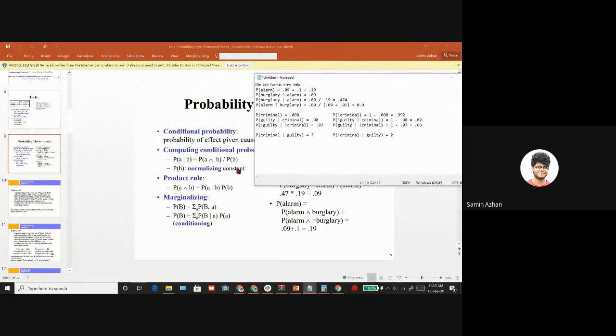Using the conditional probability rule, if criminal is A and guilty is B, the probability of criminal given guilty should be the probability of criminal and guilty. However, we don't have that value. We don't have the probability of guilty and criminal anywhere in this scenario.